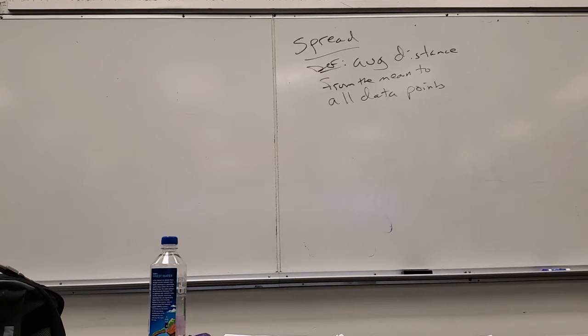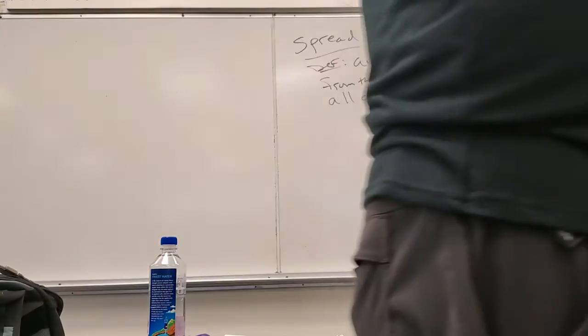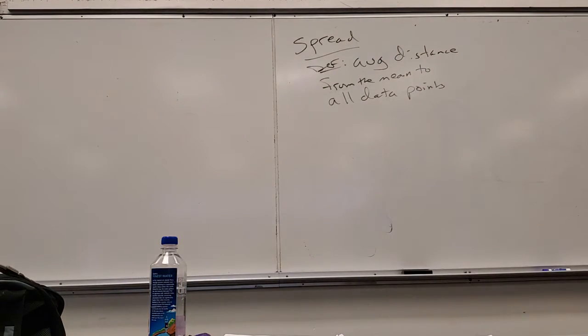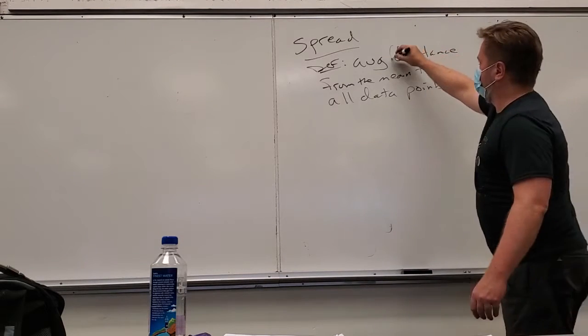If I wanted to know the average shoe size in here, what would I have to get first? The shoe sizes. A list of shoe sizes. If I want to know the average height, what would I need first? A list of heights. So here I want to know the average distance from the mean to all the data points.